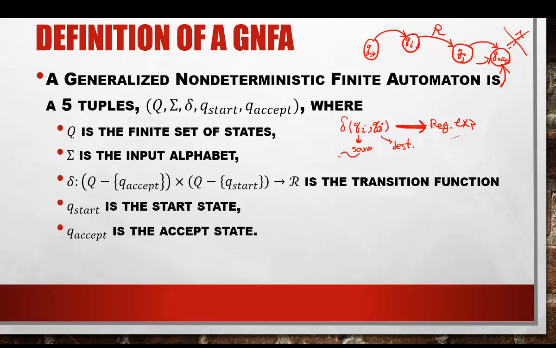So the source states are all states except Q accept. And the same thing, Q start only has outgoing transitions. So Q start only serves as a source state. It does not serve as a destination state, because no transitions come into it.